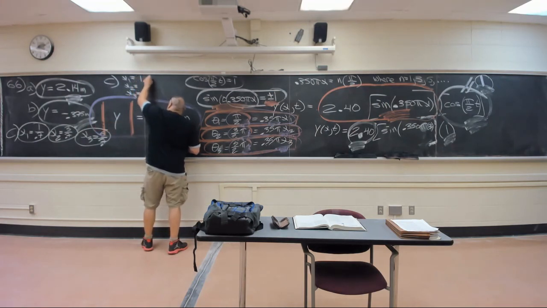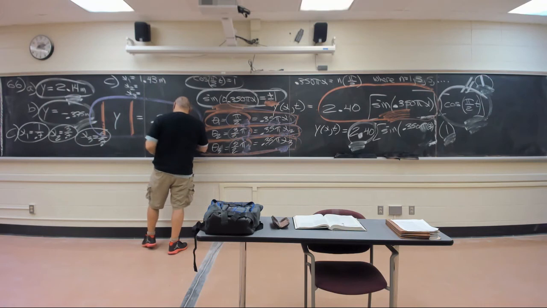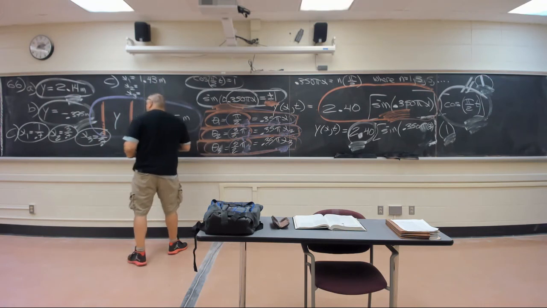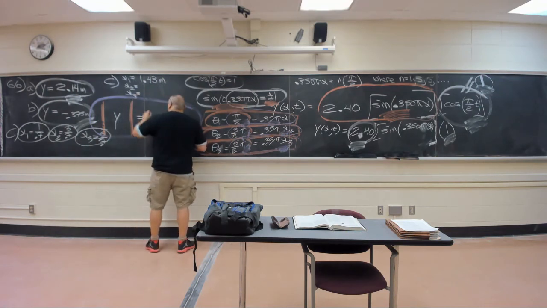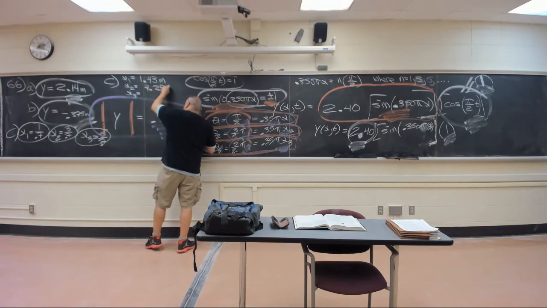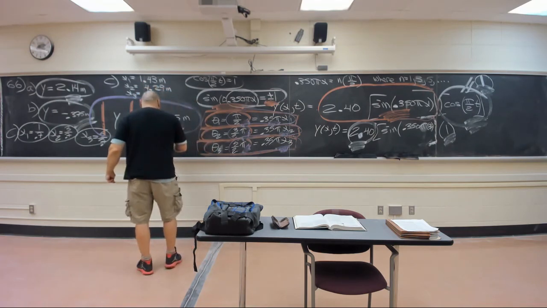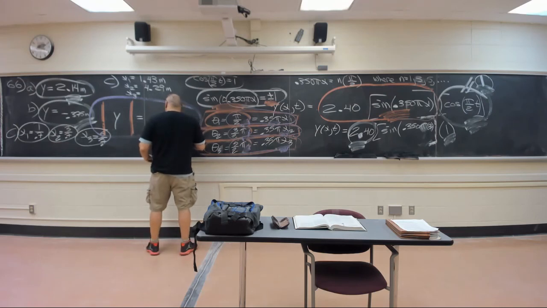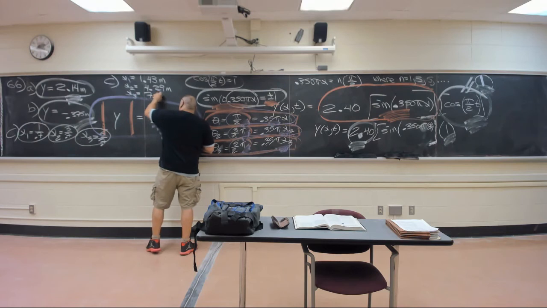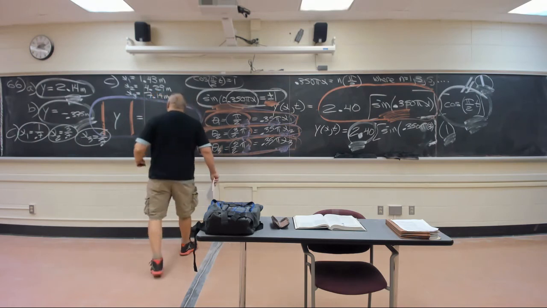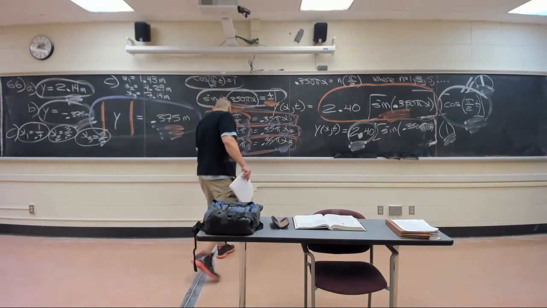It's roughly 1.43 meters. What's 3 divided by 0.7? That's 4.29 meters. What's 5 divided by 0.7? 7.14 meters. And that's it, you guys.